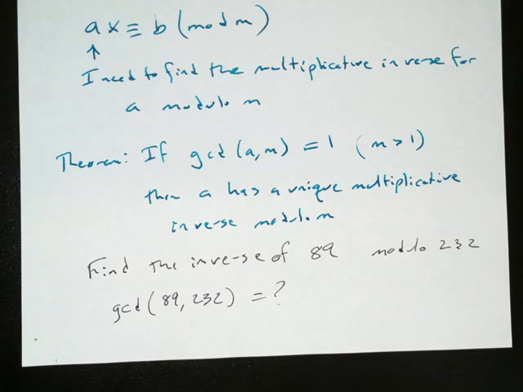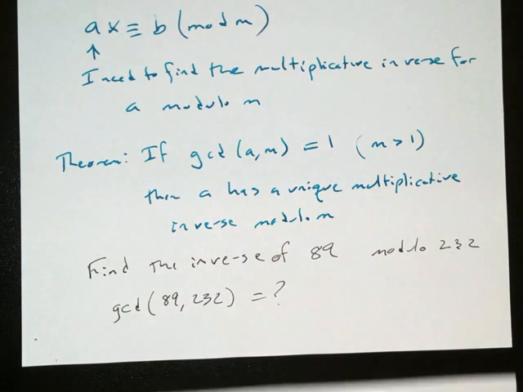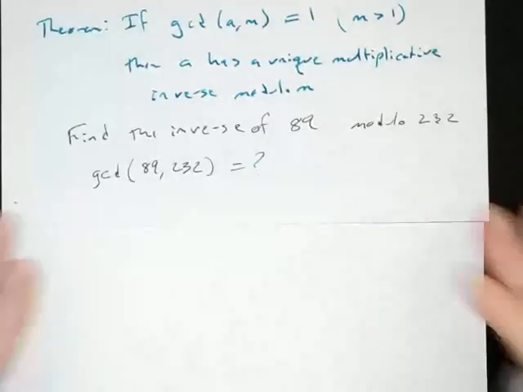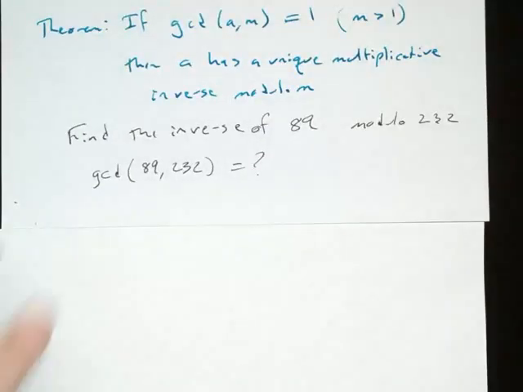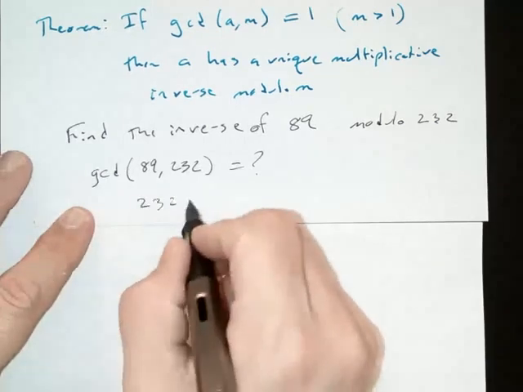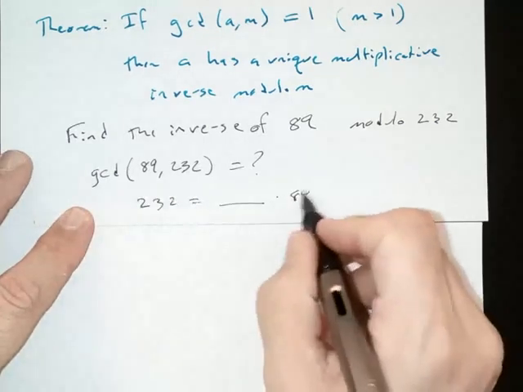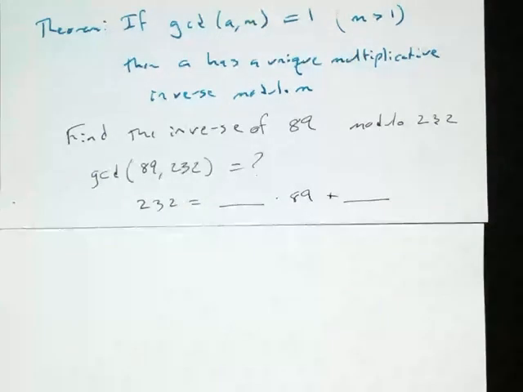So let's go back to what we were doing on Monday. How do I find this greatest common divisor using the Euclidean algorithm? I need a quotient and a remainder.